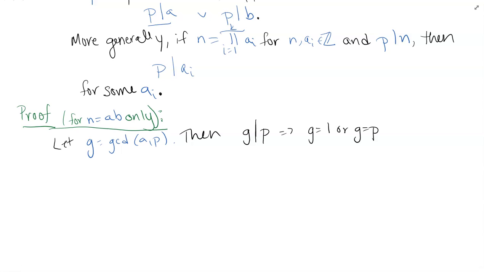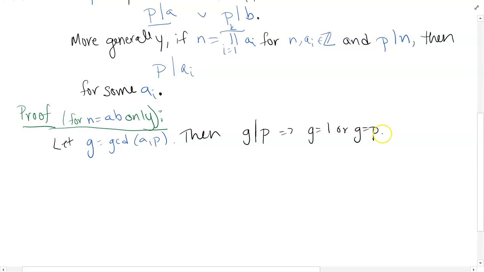Okay, so we have G as the GCD. We remember that, since it is a divisor, it should divide a and p.